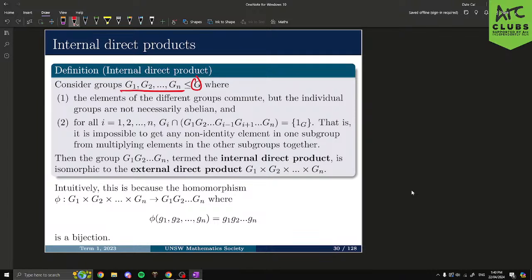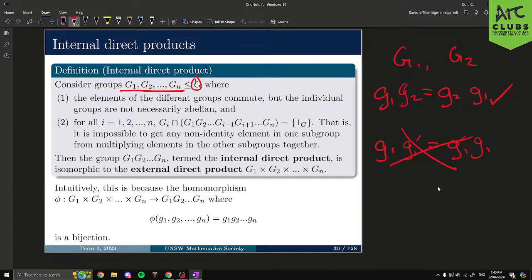So for example, if I had G1 and G2, if I took g1 from G1 and g2 from G2, then these should commute. But that doesn't necessarily mean that each group is abelian. So I couldn't say this, so this would not necessarily be true.